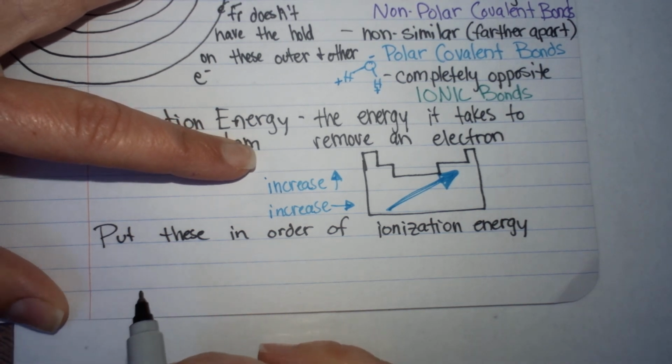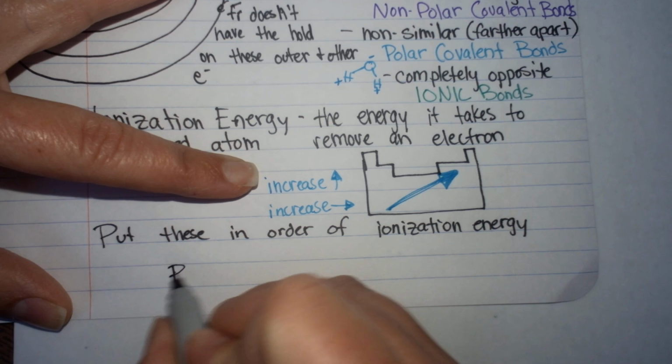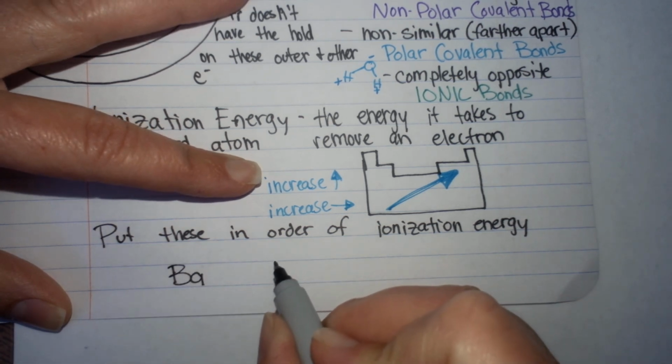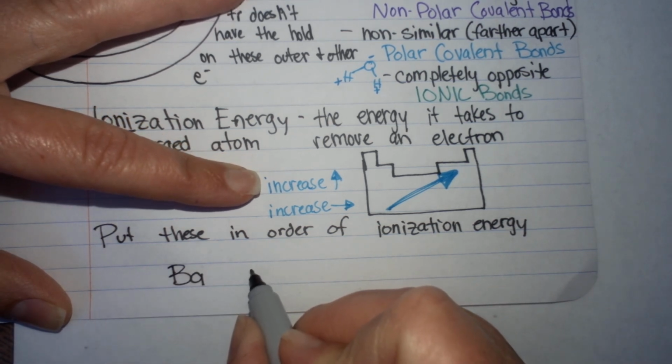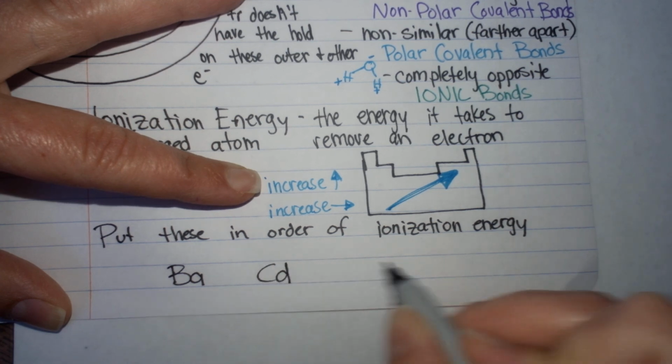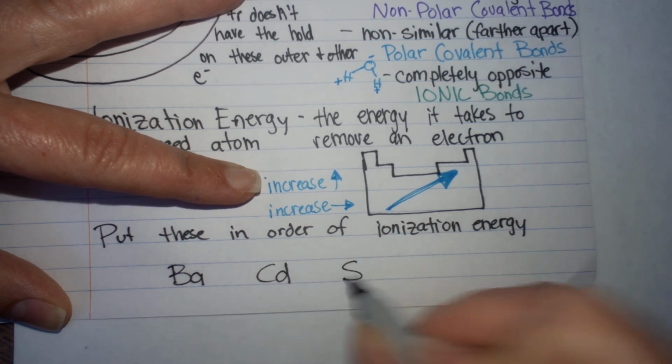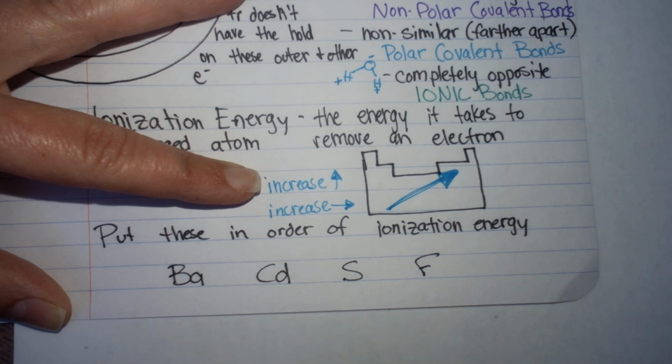We'll just grab some random elements. Okay, so that's probably a really bad example.